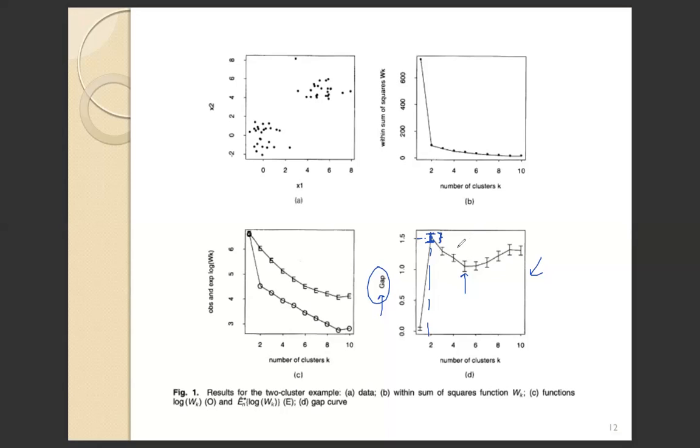For the rest of them, you see that their error bands are not overlapping with those of K equals 2. So it tells you that your gap statistic for K equals 2 is significantly different.